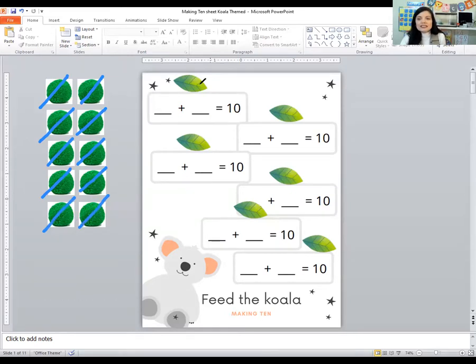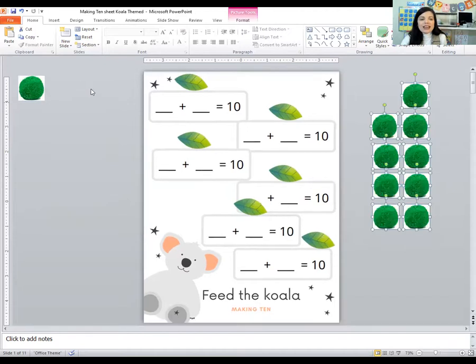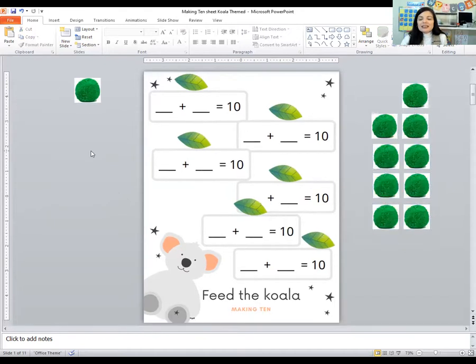So I do have 10 pom-pom balls. Now watch this. I'm going to move some of the pom-pom balls to the other side. I'm going to leave one over here, and I'm going to move all the rest to the other side.